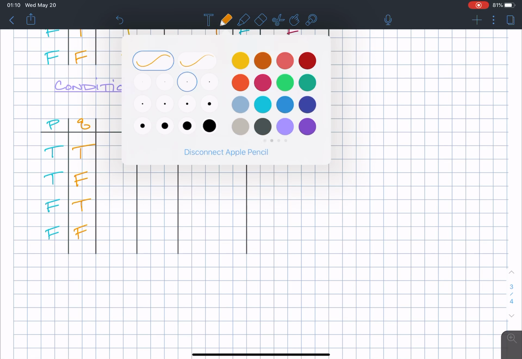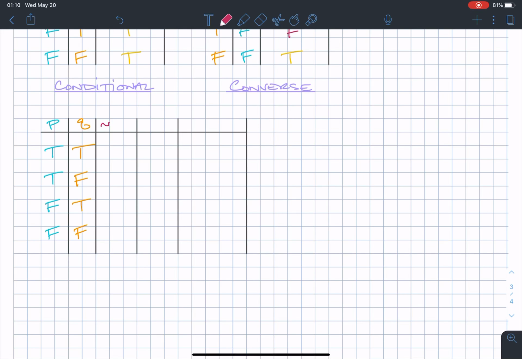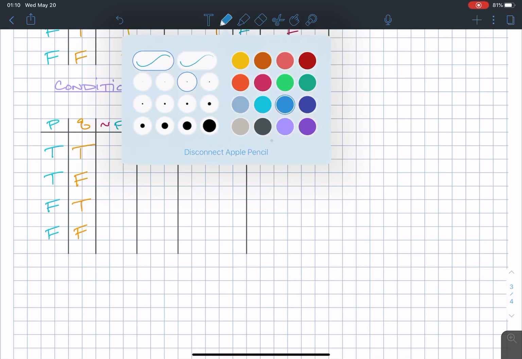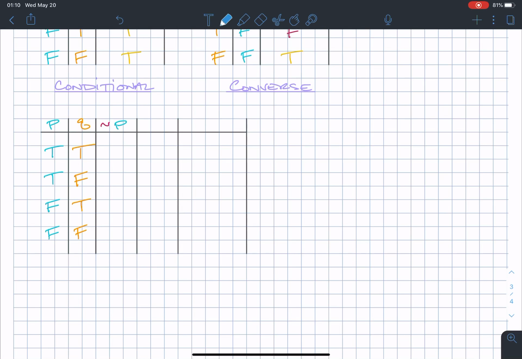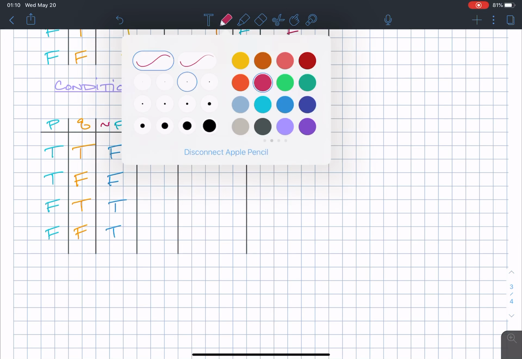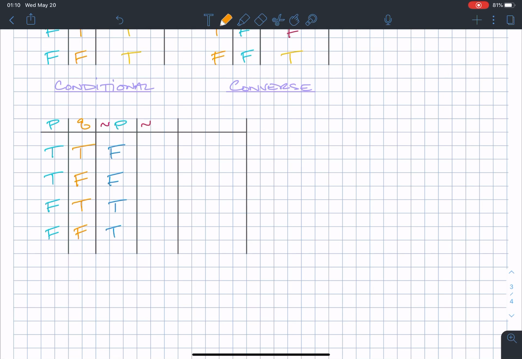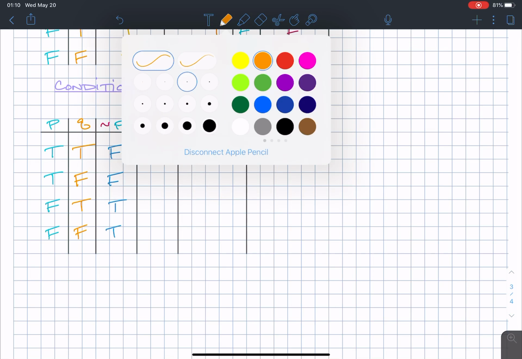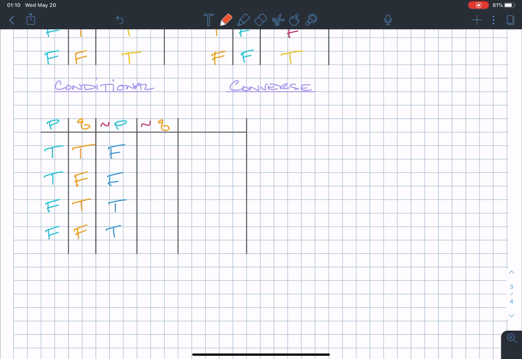But now I want not P. Not P is going to be the opposite of what P is, so false, false, true, true. Similarly, not Q is going to be false, true, false, true.